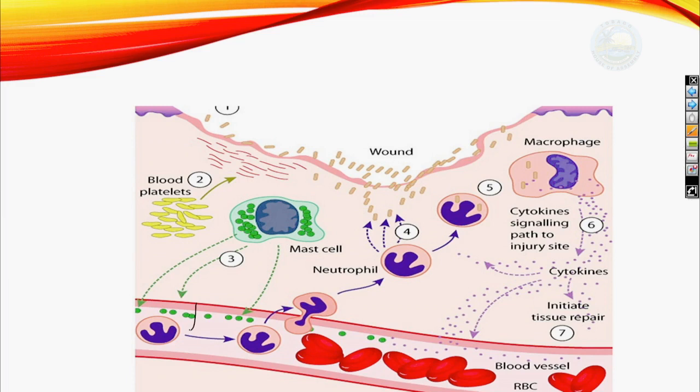Yes, sometimes certain allergens can cause these mast cells to be activated in persons.